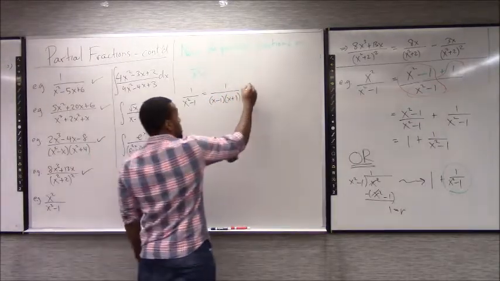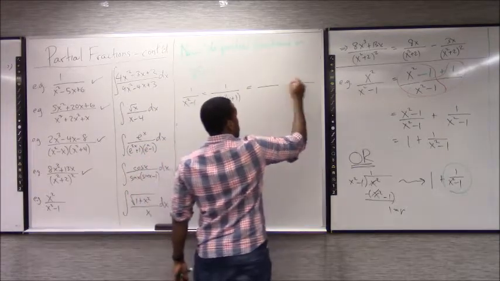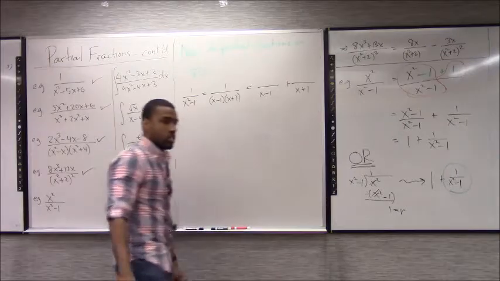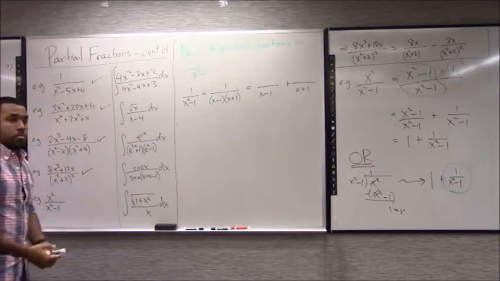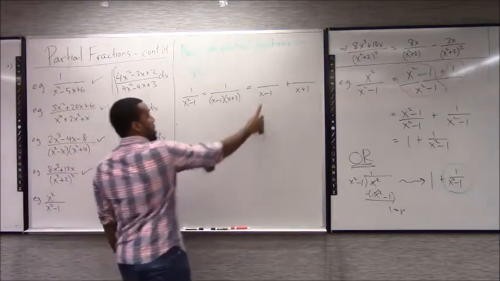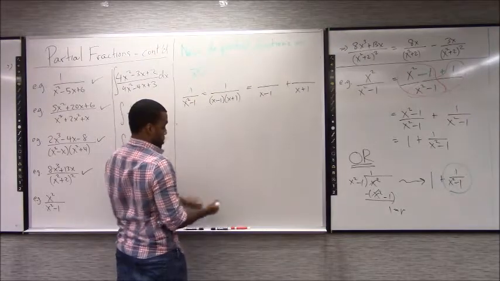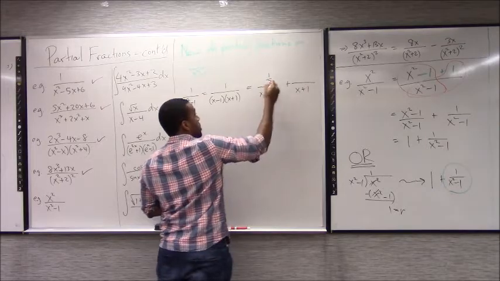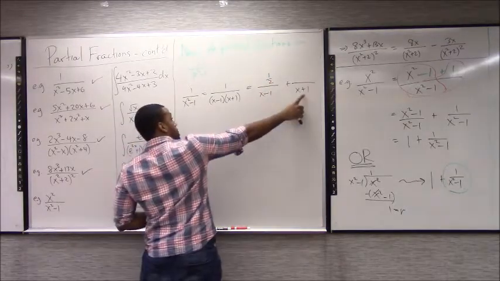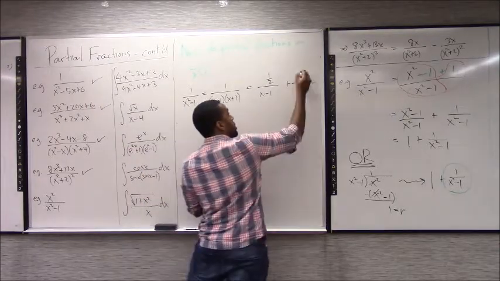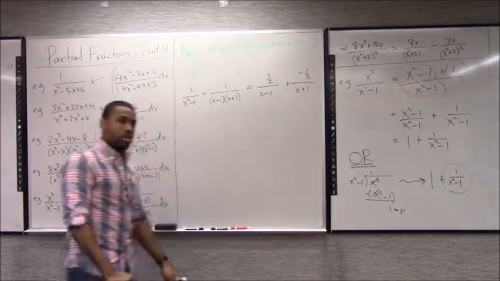By the way, this is a product of linear factors with multiplicity 1, so we can actually do our trick, right? So x equals 1 makes this 0, cover that up and plug in x equals 1, you get a half. X equals minus 1 makes this 0, cover that up, plug in minus 1, you get minus a half. And that's your partial fractions right there.